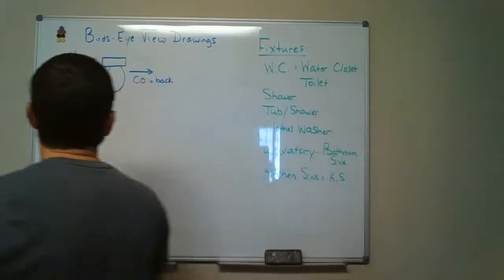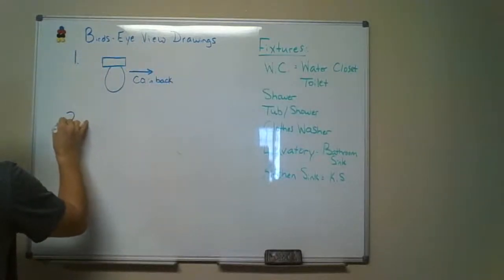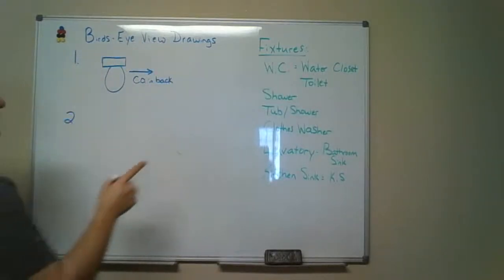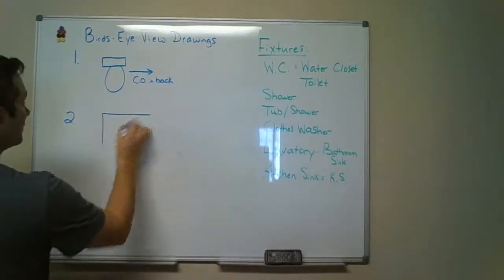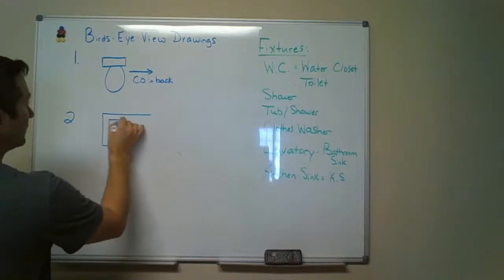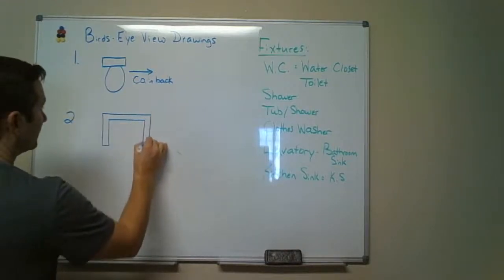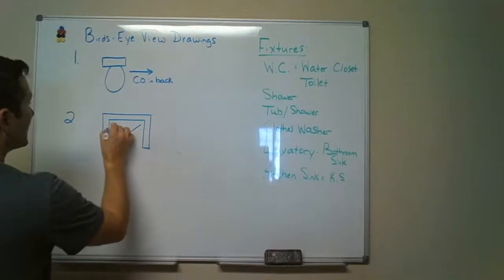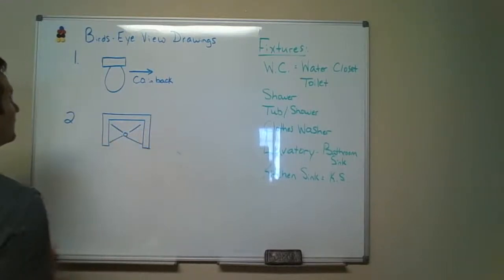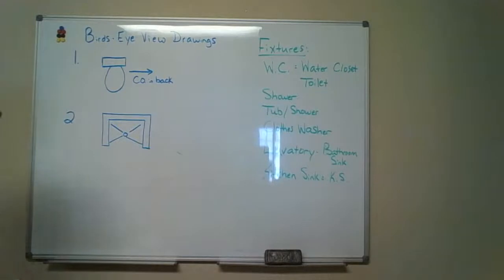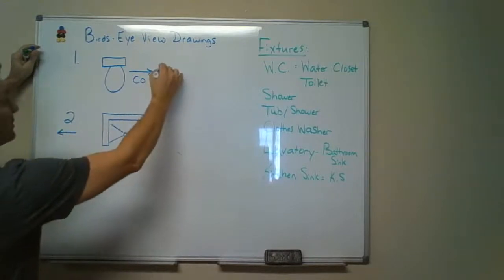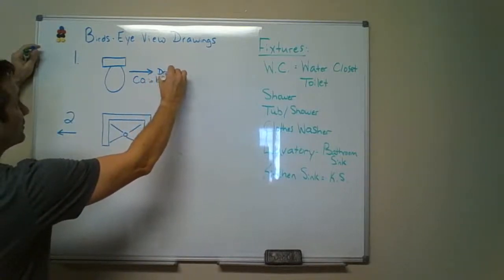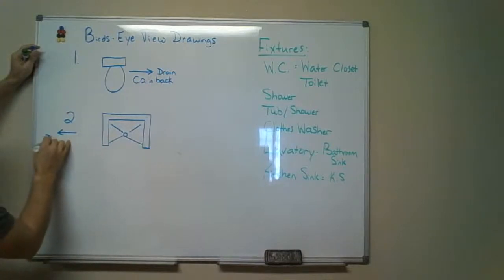Number two. We're going to come down here to a shower. That's what you would see on your floor plan. So I want you to send the drain out in this direction. Say that's the drain direction. This is the way the drain's going.